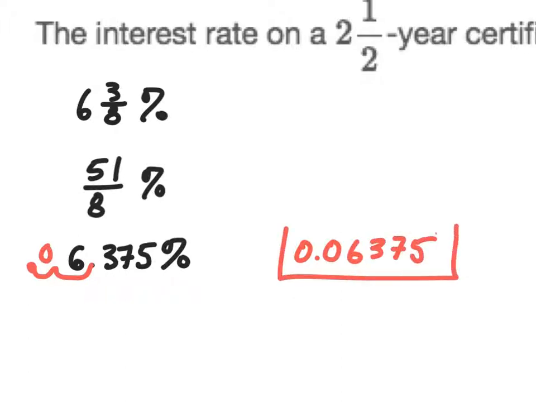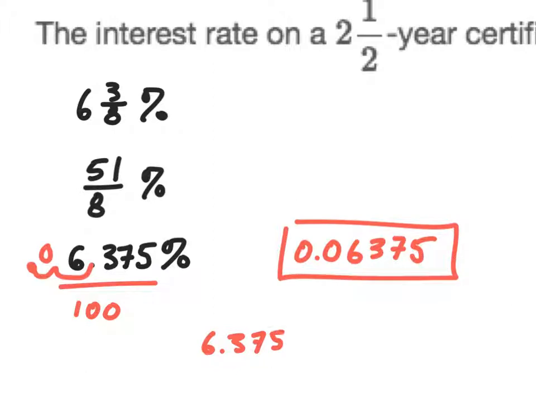And this is in decimal notation, and this is in percent notation. So we're just moving that decimal. And really, remember, guys, what we're doing is dividing this by 100. You could do 6.375 divided by 100, and it'll get you this answer too. Or if we're just going from percent to decimal, we just move that decimal place over 2 units.